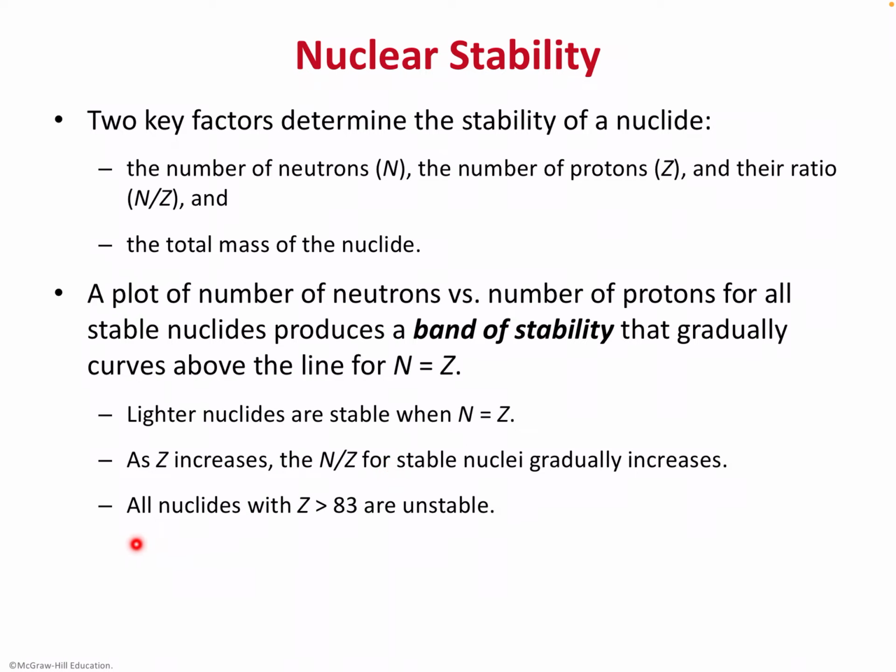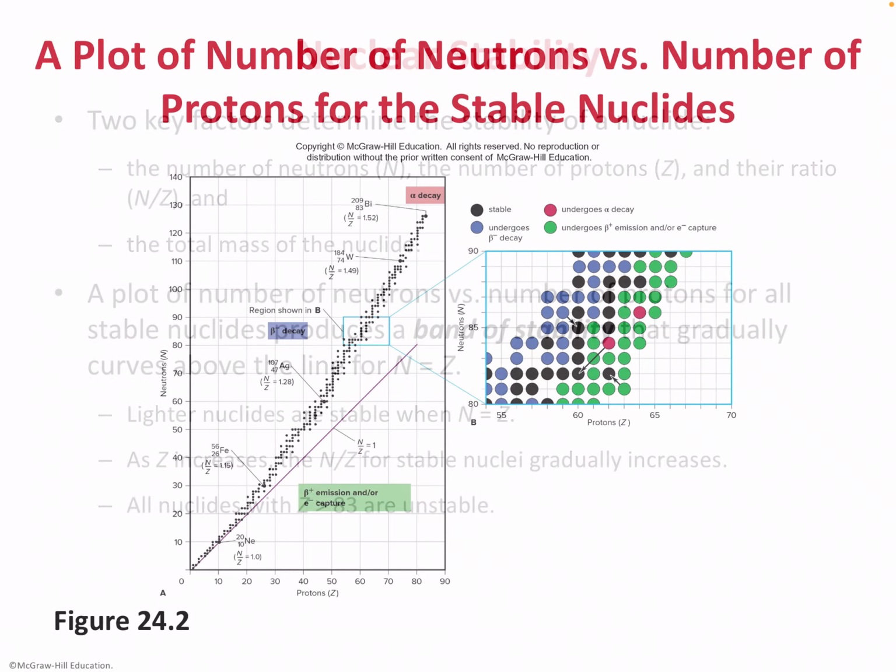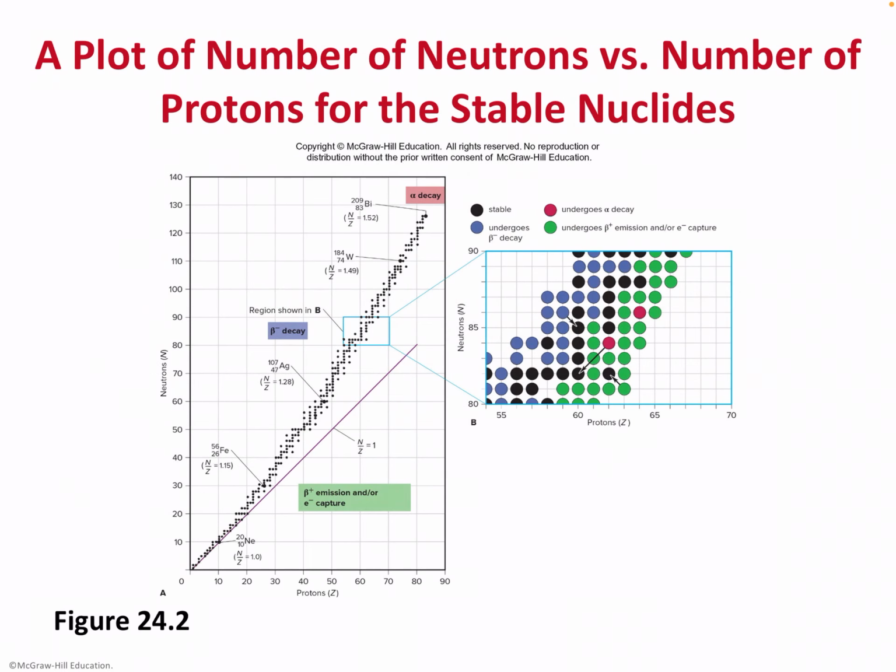All nuclides with Z greater than 83 are unstable. So remember this number 83. Any element with atomic number greater than 83 is unstable. So we talked about this graph.